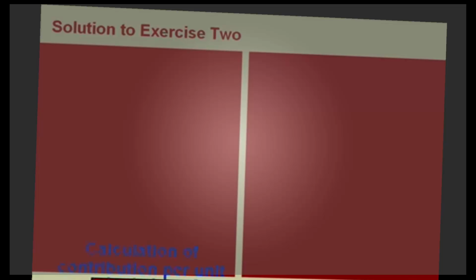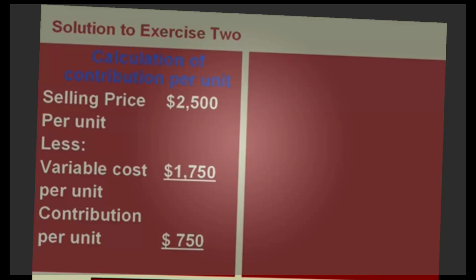So in this case, let's figure out contribution per unit. Here it is. The selling price is $2,500 per unit. The variable cost is $1,750 per unit. So the contribution per unit is $750.